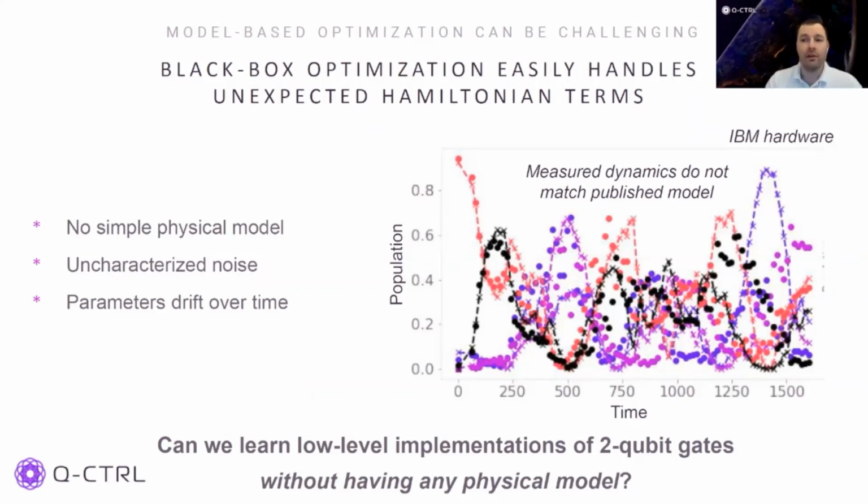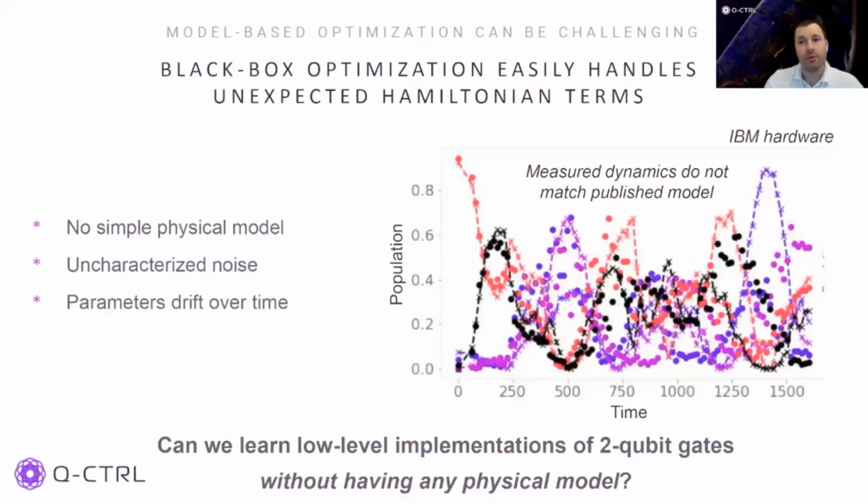You can see here the evolution of the qubit's population in the presence of a drive. The solid lines are calculated from a simulation that assumes the model taken from the IBM backend, and the dots are data points taken from the real device. The exact details are not very important, but you can see clear discrepancies between the data and the simulation.